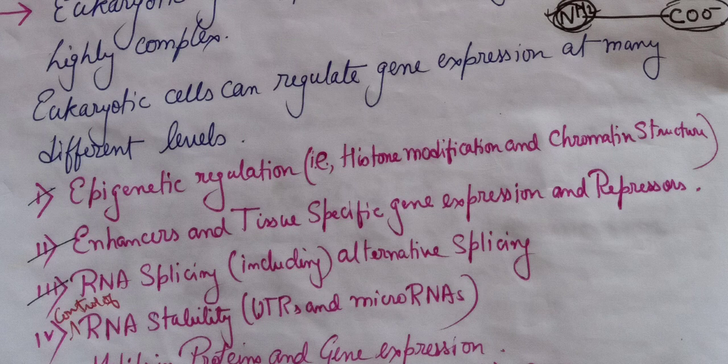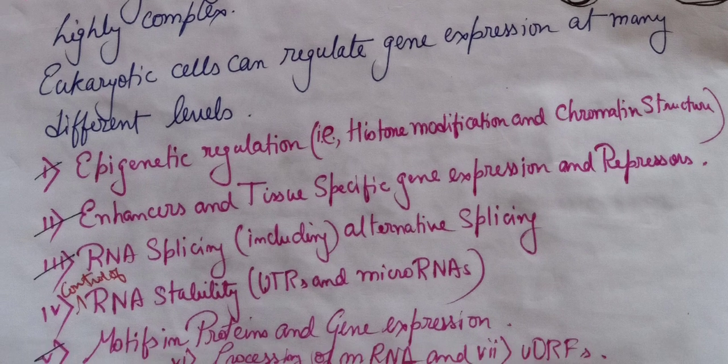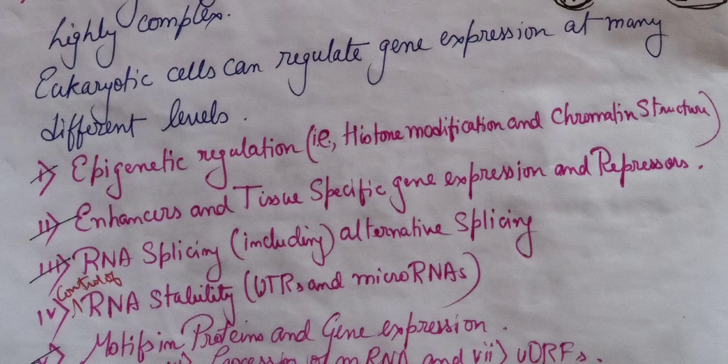Depending on which position of this N-terminal tail of the histone is modified by the functional group, they will unwind or rewind, uncoil or recoil that particular DNA.